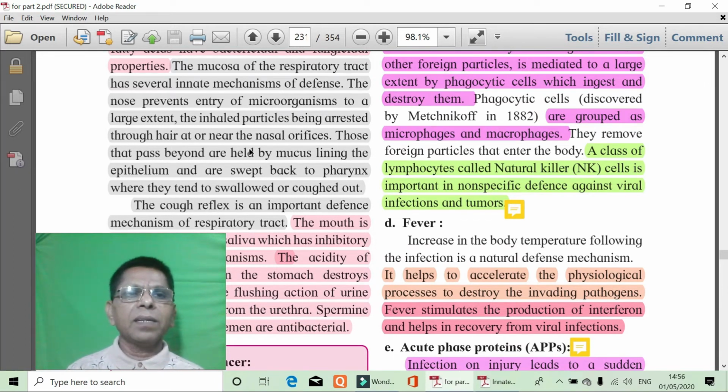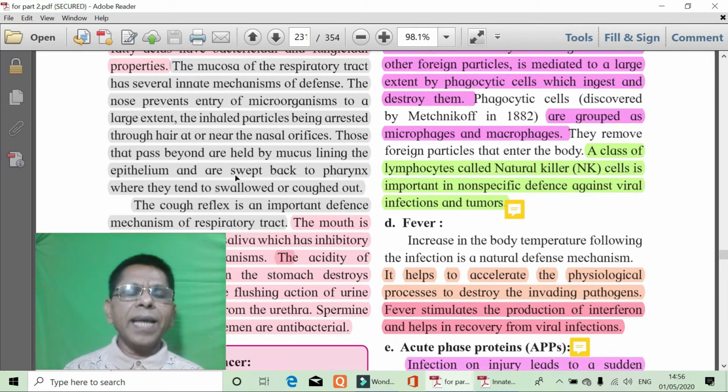But there are chances that some of the microbes along with the dust may find their entry into the trachea or the bronchi, where they are entrapped or entangled by the mucous lining of the trachea.